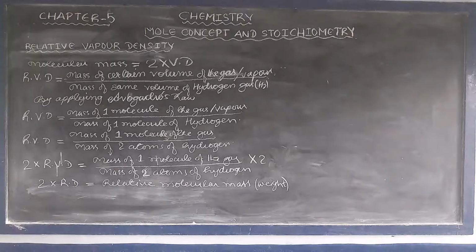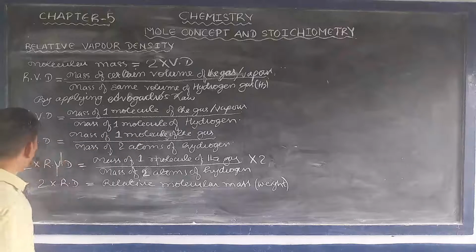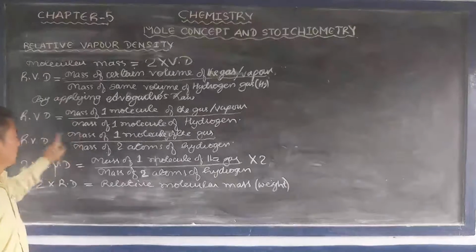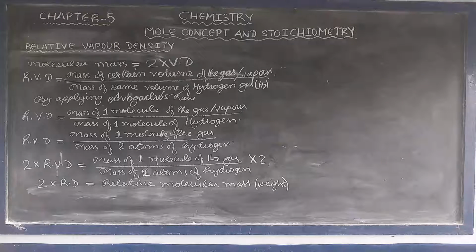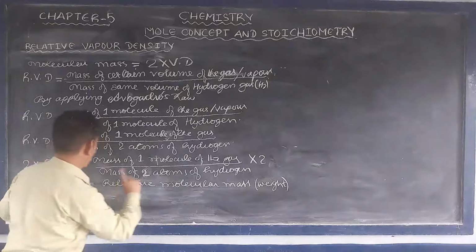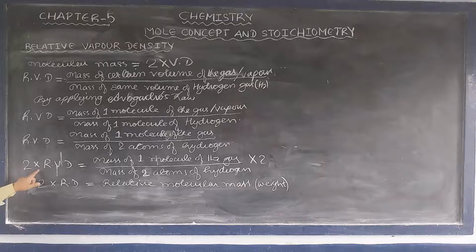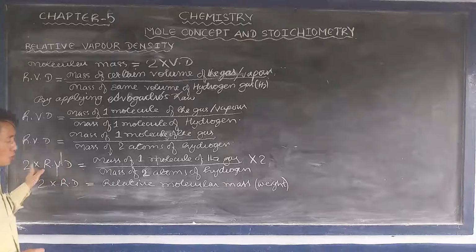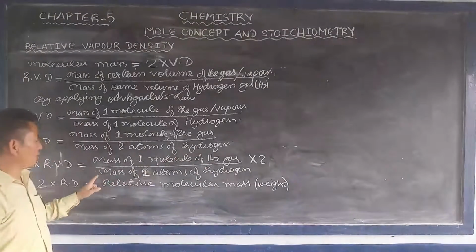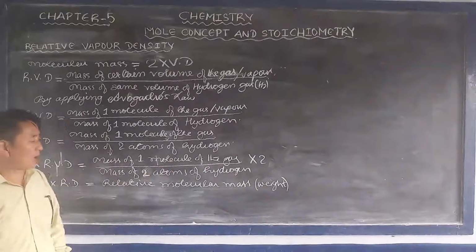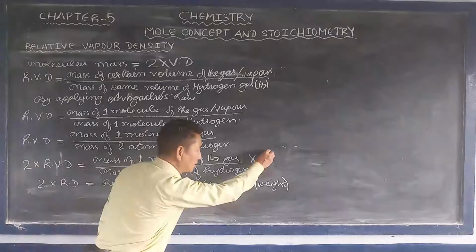Now the next step, if we multiply both sides by 2, we get 2 into RVD on this side, and on the other side the mass of one molecule of the gas over the mass of one molecule of hydrogen is multiplied by 2.